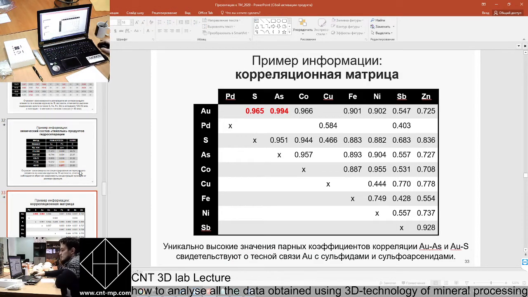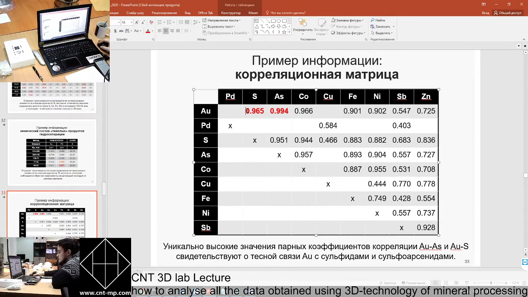After we check the chemical composition of each fraction and sample, we can build a special correlation matrix, a correlation table, which highlights which elements have a very tight connection with each other.